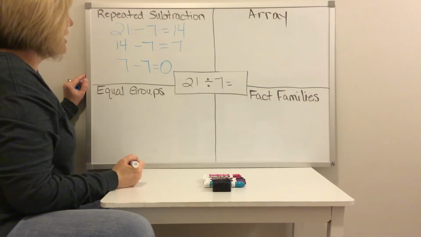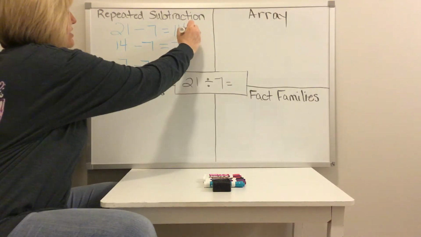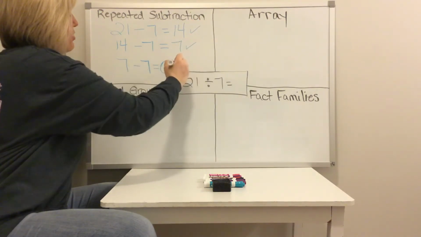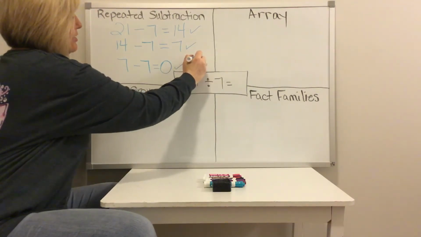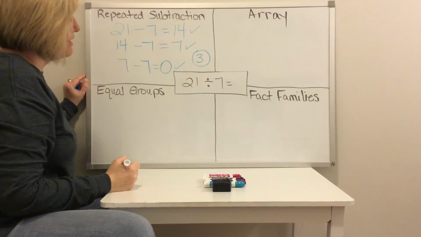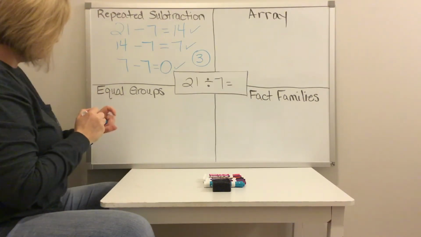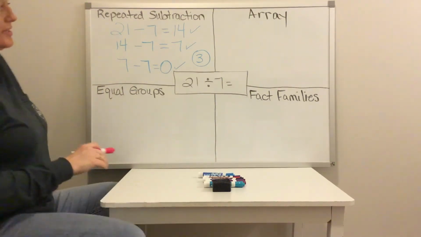Then I just go back and count how many times I subtracted 7. I subtracted 7 once, twice, 3 times. So that tells me that my answer to the problem is 3. 21 divided by 7 would be 3.